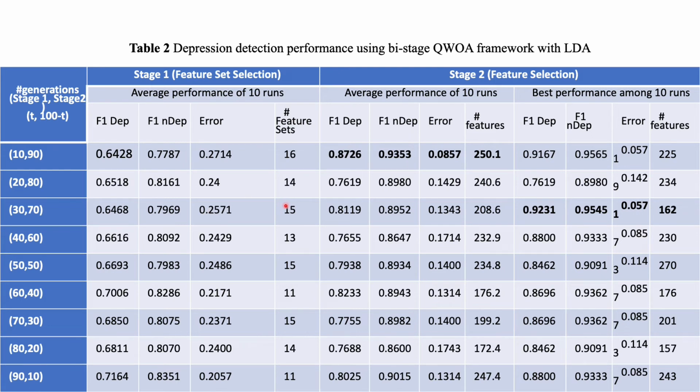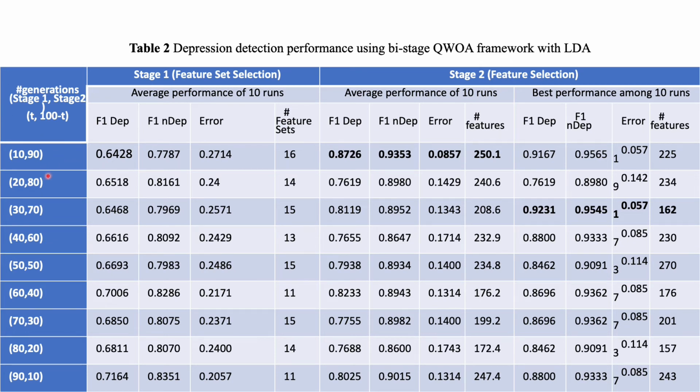So there is a trade-off, but we see that the best average performance among the 10 runs is obtained when we use 10 generations for feature set selection and 90 generations for feature selection, and the best result of 0.92 among the 10 runs is obtained when we use 30 generations for feature set selection and 70 generations for feature selection.